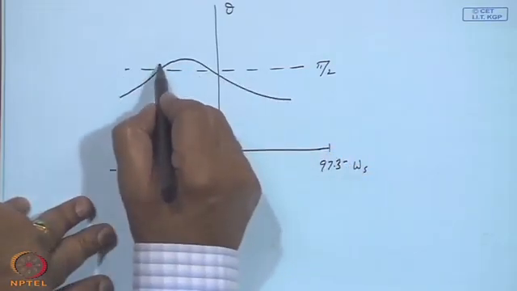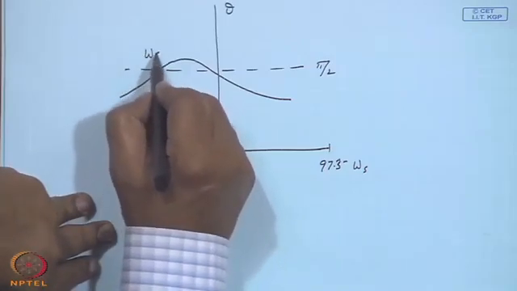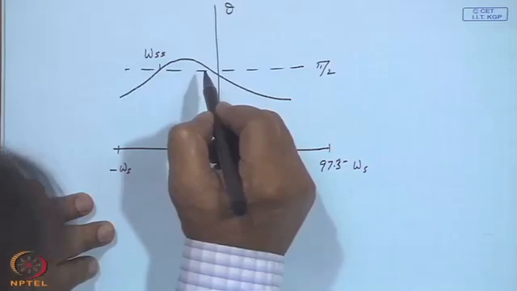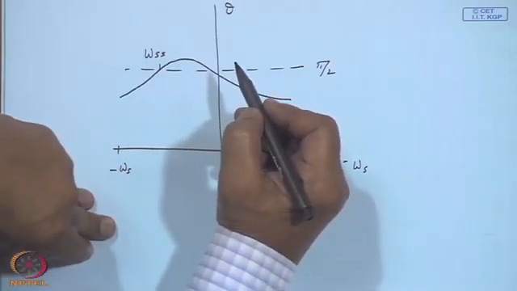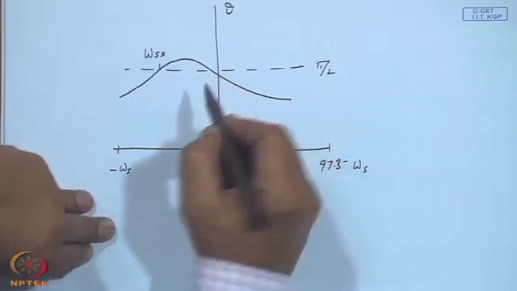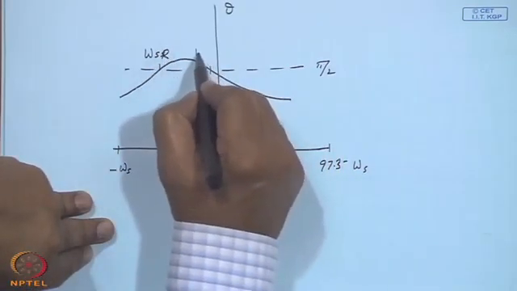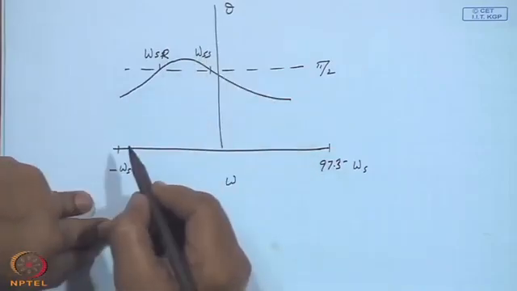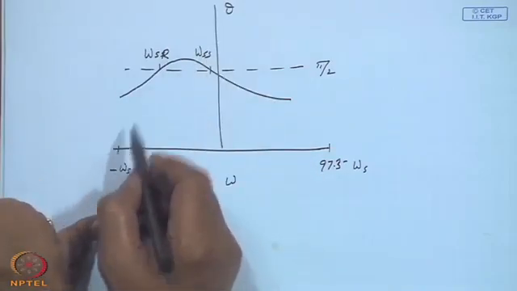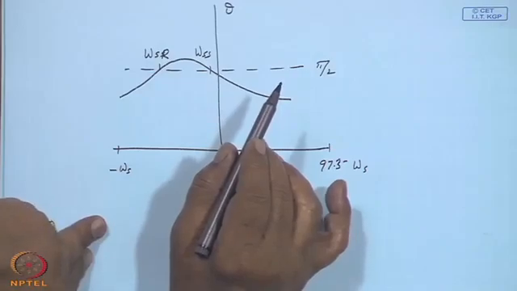So, this is your omega SS and this is omega SR, minus 31. Okay, so omega SR is greater than omega SS because of the negative sign.